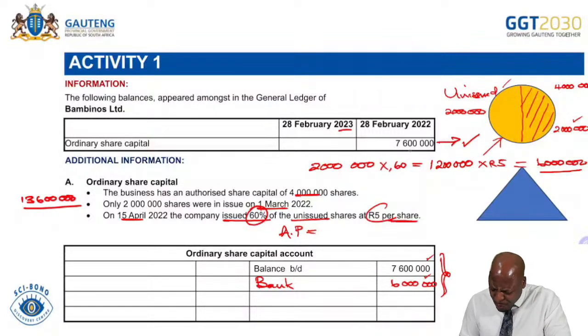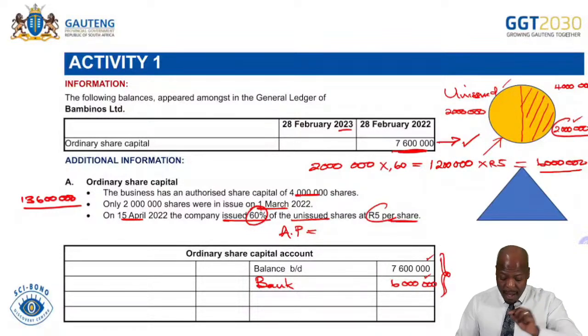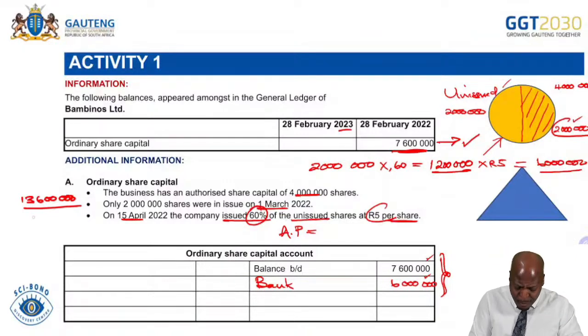We know that for this 7.6 million, 2 million shares were in issue. You remember that one? So we have 2 million from the previous years, and we have 1.2 from this year's issue. So in total, it is your 2 million plus your 1.2. That gives you 3.2 million. Then you divide this 13.6 by 3.2 million.